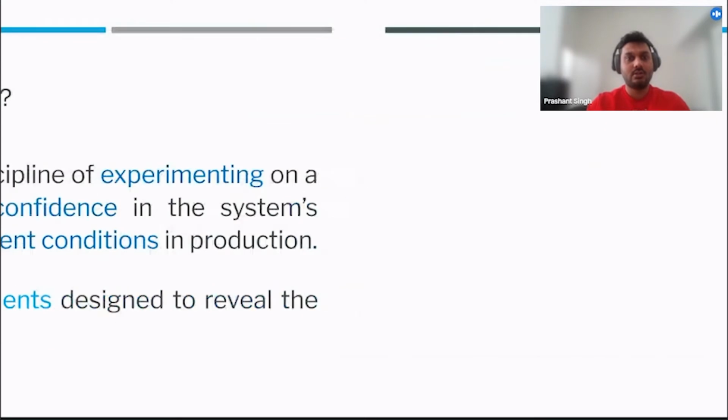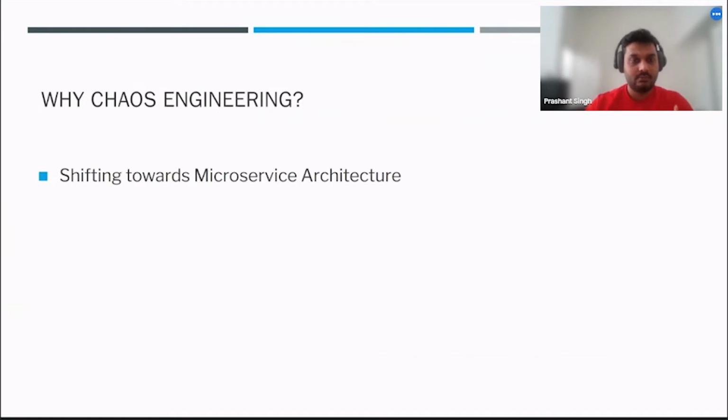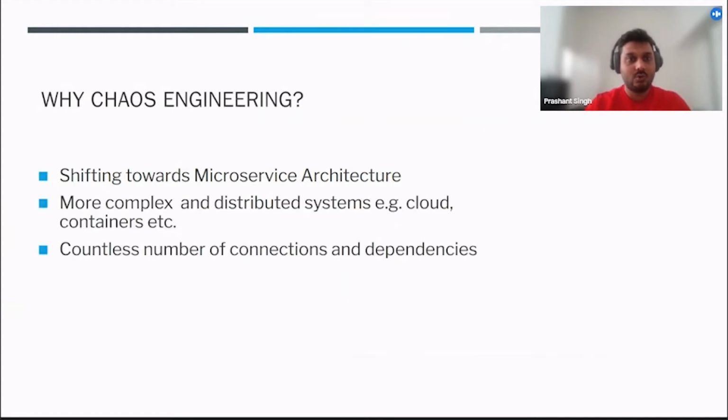Now we know what chaos engineering is. The question arises, why do we need chaos engineering? Nowadays most companies are moving toward microservice architecture because it provides flexibility. If you see these microservice architectures, they are very complex and distributed, and there are countless connections and dependencies with each other.